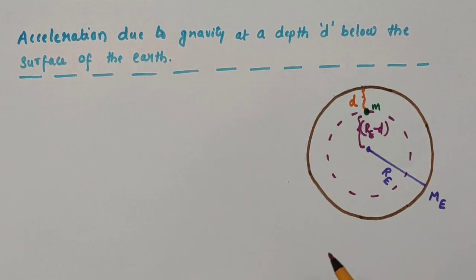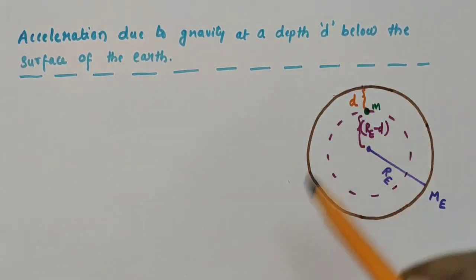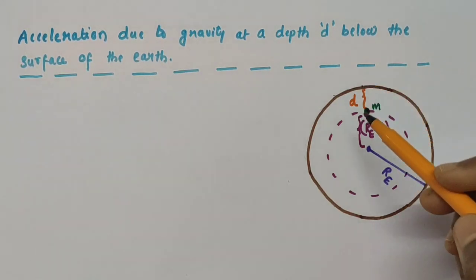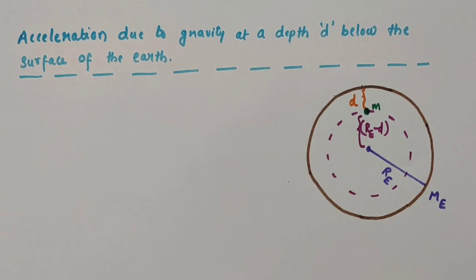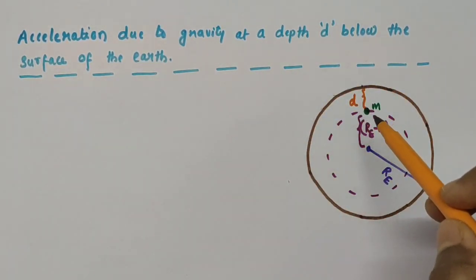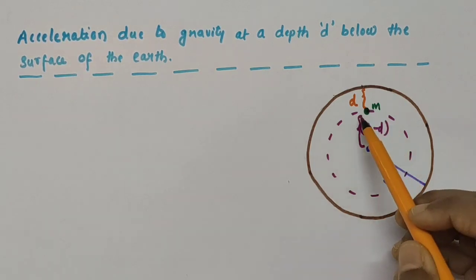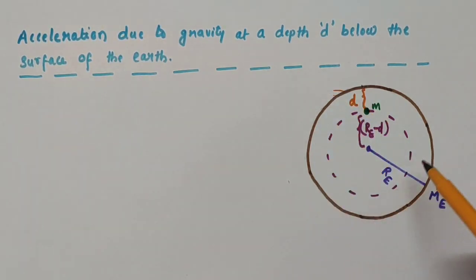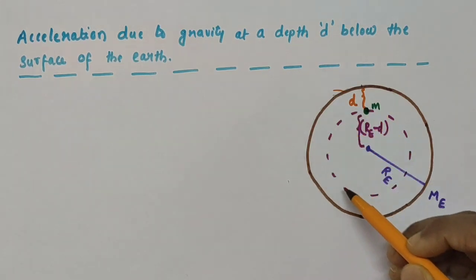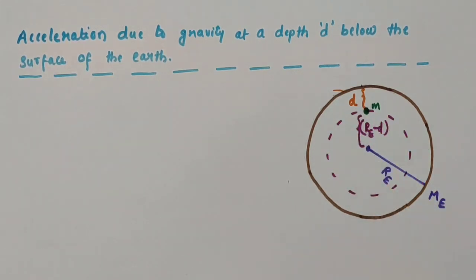The force of attraction due to a hollow spherical shell of uniform density on a point mass situated inside it is 0, because various regions of this spherical shell attract this point mass inside it in various directions, and these forces cancel each other completely. So the force on this point mass m due to the outer shell of thickness small letter d is 0 here.